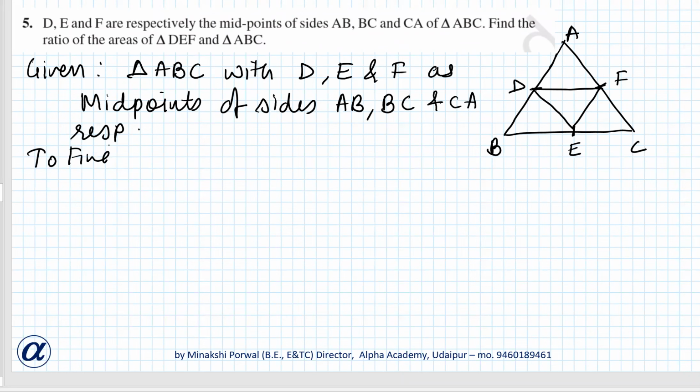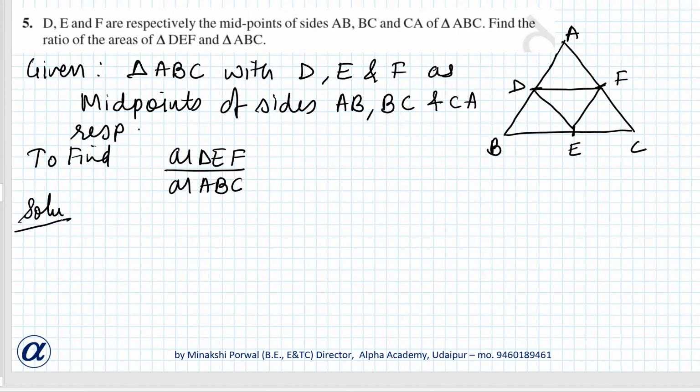To find: the ratio of area of DEF upon area of ABC. This we have to find. Okay. Now, solution.